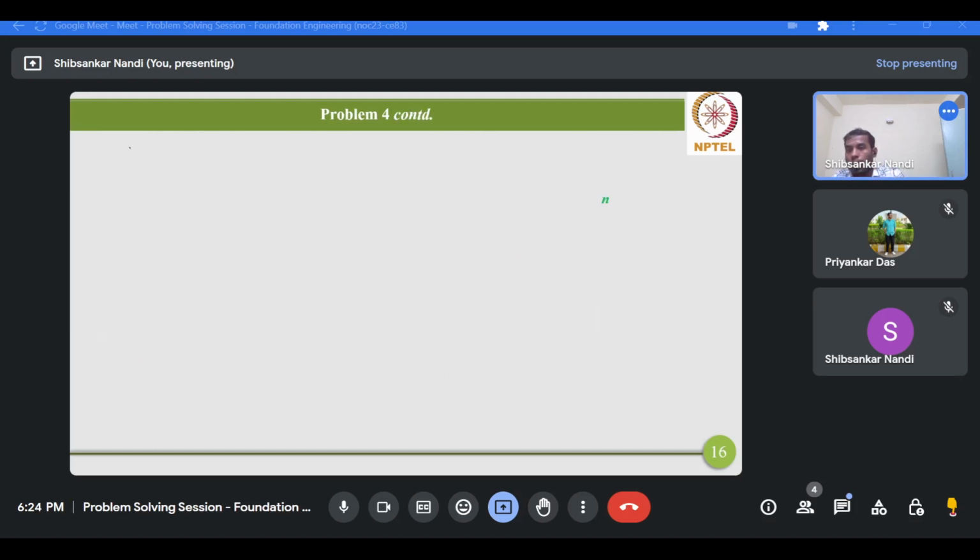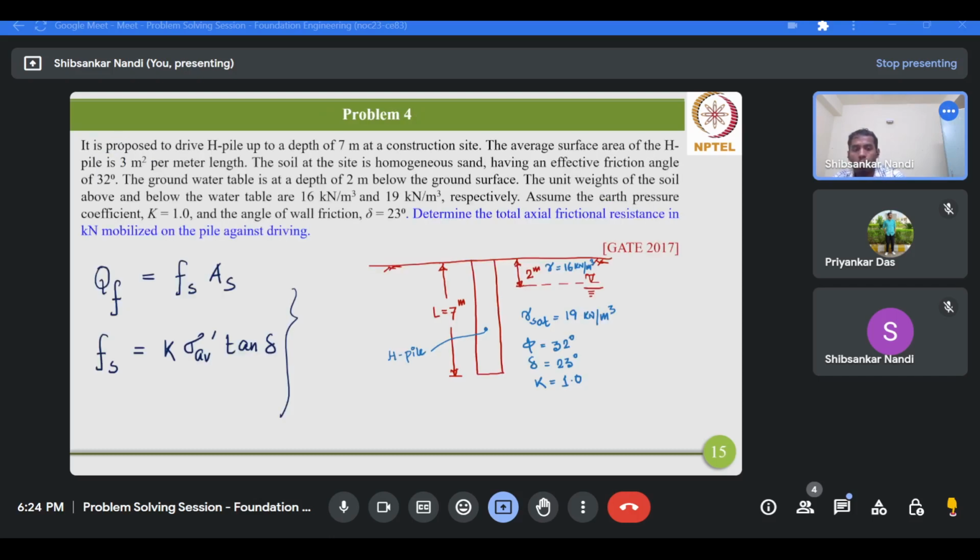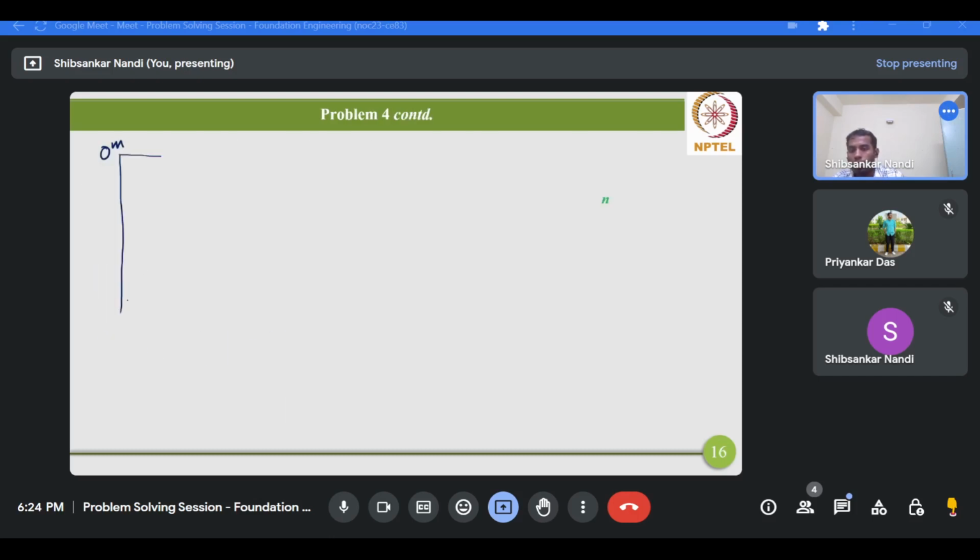Now if we calculate this variation, suppose this is the length starting from 0 meter to 7 meter, so this level is 7 meter, and the water table is encountered at a depth of 2 meter.